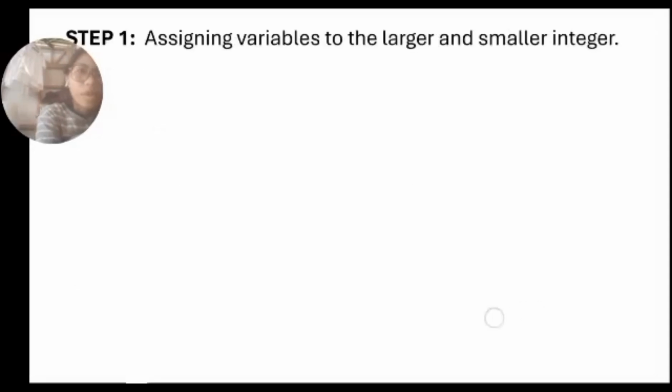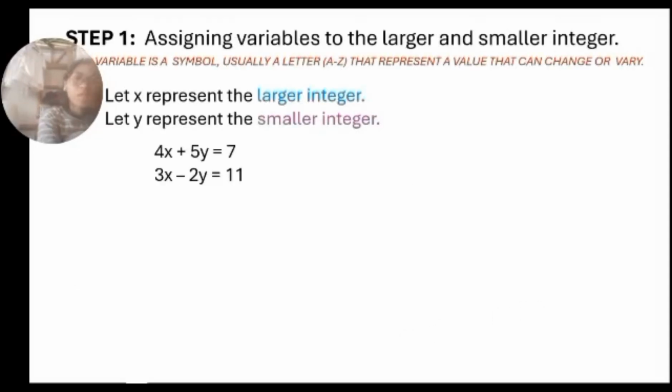So we came up to this expression. So 4, ingat dito, the sum of 4 times a larger integer, atong larger integer is x, nagibutang na siya diha, represent na siya, then plus 5 times a smaller integer, siya is equals to or is 7.